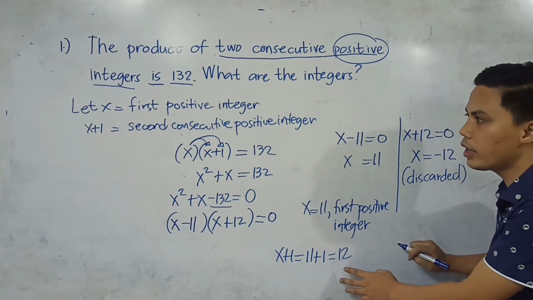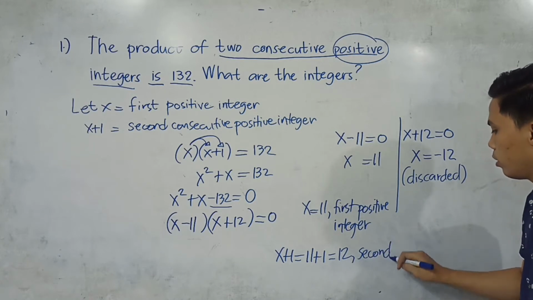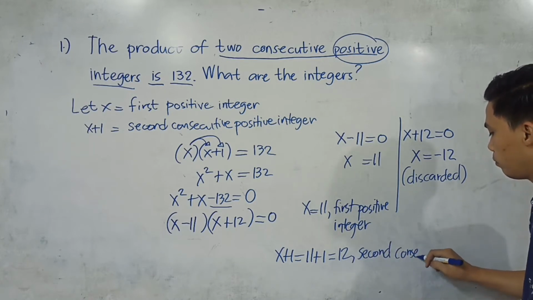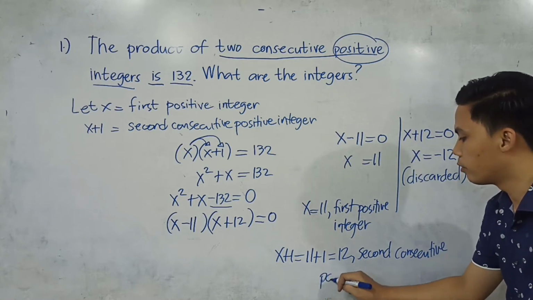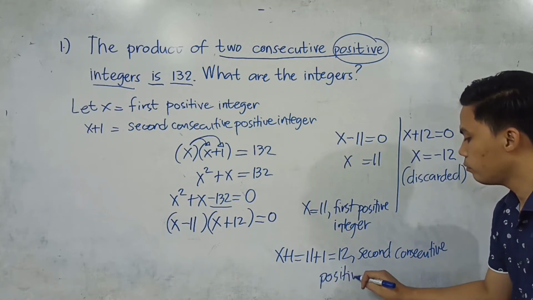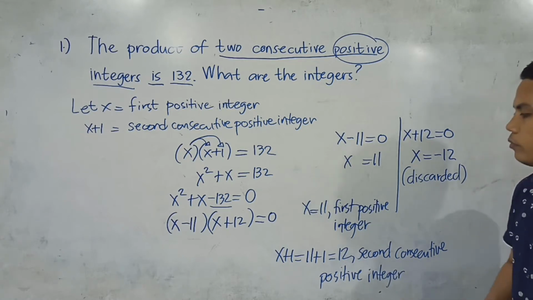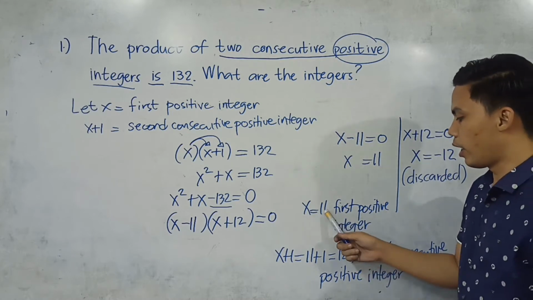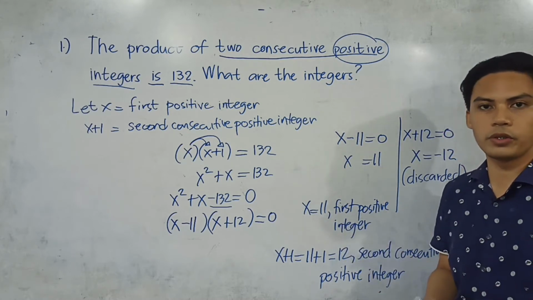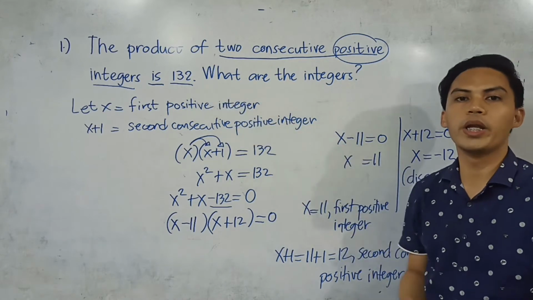So, sa madaling salita, 12 is our second consecutive positive integer. Therefore, yung missing positive integers natin ay si 11 and 12. And if you're going to check them, 11 times 12 would be equal to 132.